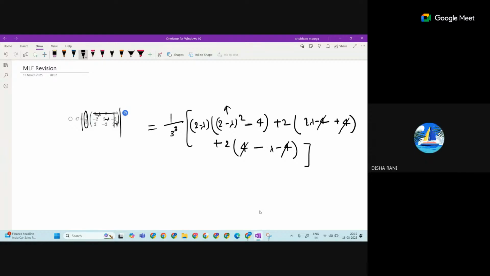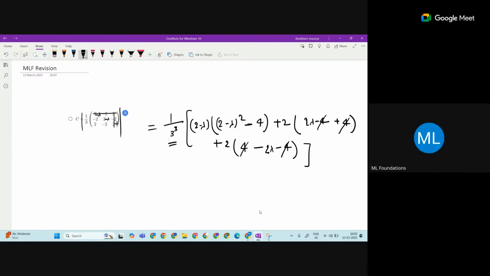Sir, why is it 1 by 3 cube? This is a matrix property: if you have a scalar multiplication within some matrix, 1 by 3, then it will be multiplied with each entry, not only all 3 columns, all the rows, all the entries.